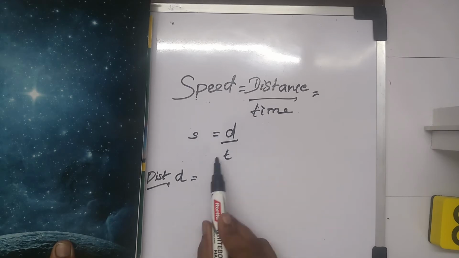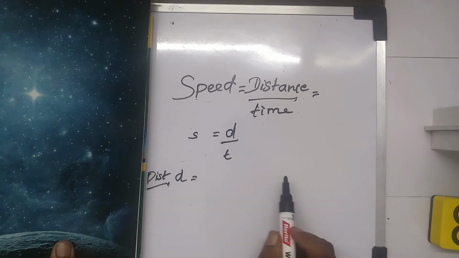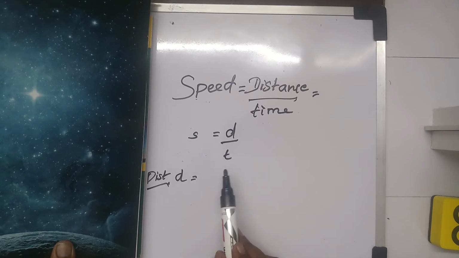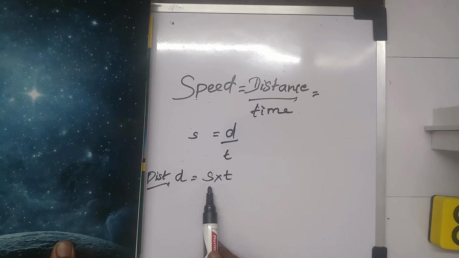When it goes to the other side of the equal to sign, it will become multiplication. From down it will go up. From division position it will go to multiplication. Here we divide; from division it will become multiplication. So S into T. What is S? Speed. Speed into time is equal to D. Okay, so to calculate distance you must use this formula.